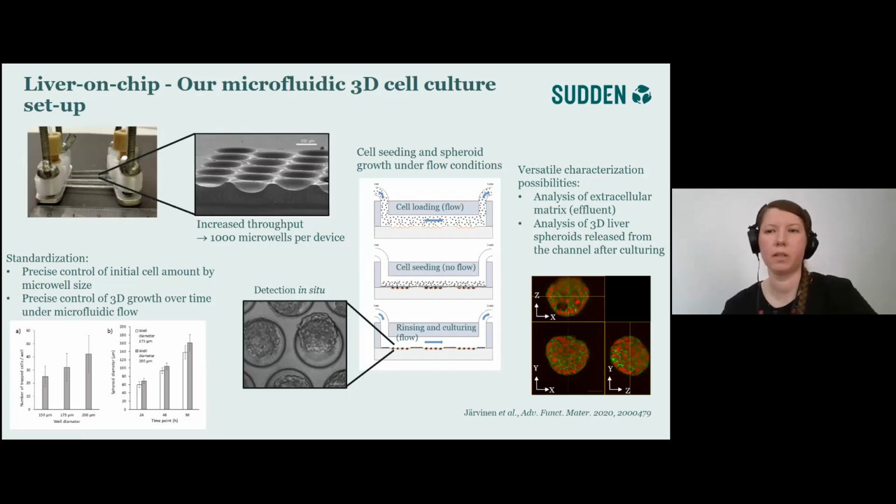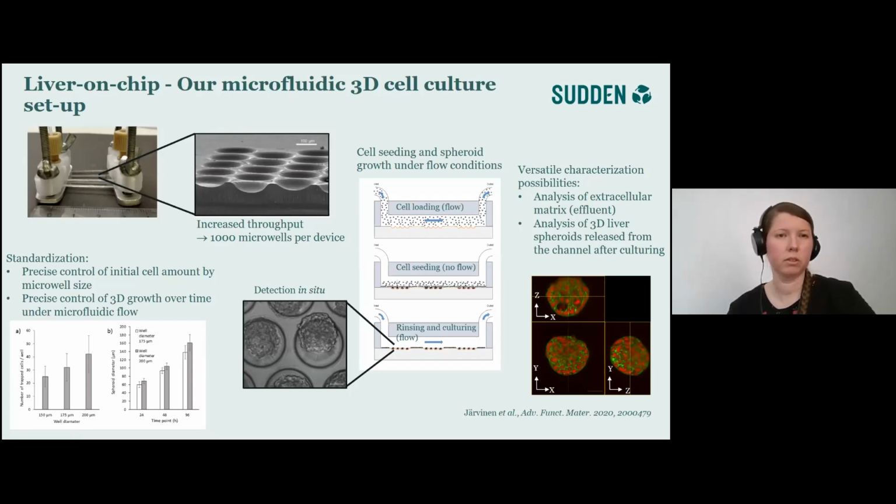Here is our 3D cell culture chip with microfluidic flow, also called a liver on a chip. If you look at the left-hand side pictures, you can see the chip setup. We have the fluidic connections and holders, and in between we have the chip itself.